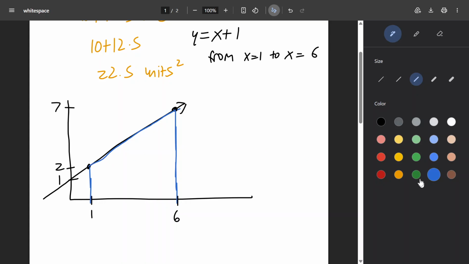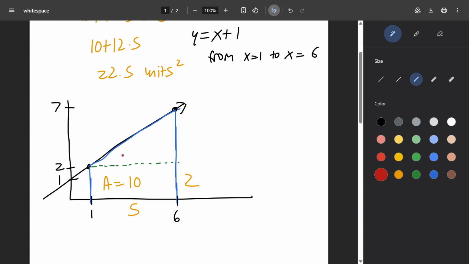Cool. Let's actually cut this into 2 separate shapes so we can more easily calculate the area. Okay, well, I know that the base of this rectangle is 5, and I know the height of the rectangle is 2, which means this area is 10, because 5 times 2 is 10.